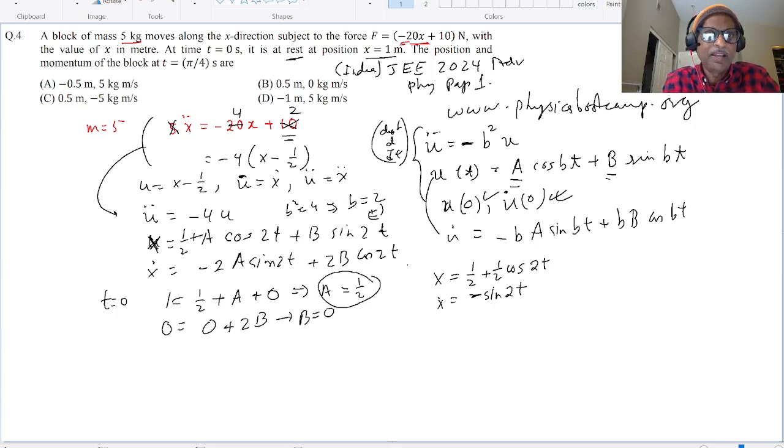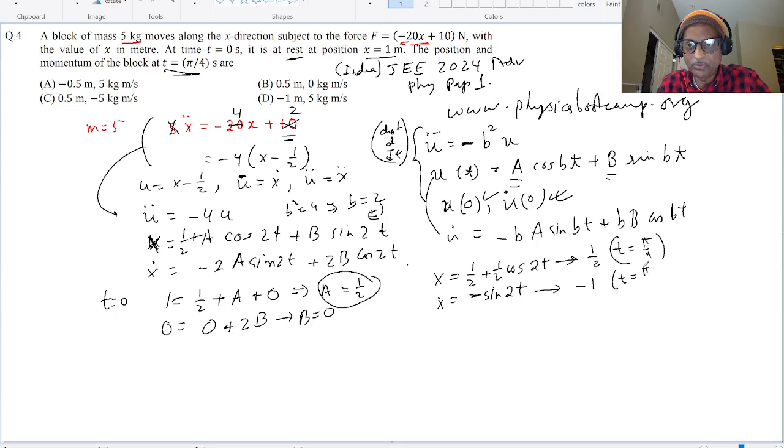Okay, and they're saying t equals pi over 4. So at t equals pi over 4, 2t will be pi over 2. Cosine pi over 2 will be 0. So x is going to be half at t equals pi over 4, forget the units. And x dot will be minus 1 at t equals pi over 4.